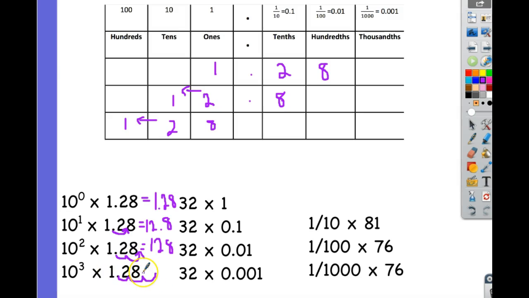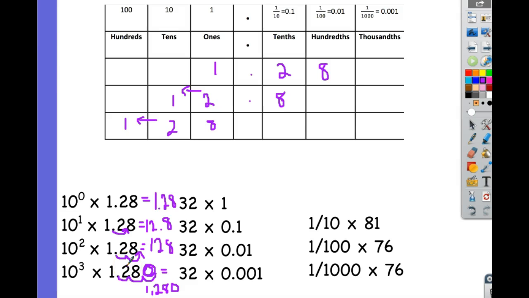Okay, so is it just 128? Well, no, because that was the answer to this one, and we can't have the same answer. So what I'm going to do is put my little placeholder 0 there. And my answer is going to end up being 1,280 because I multiplied it times 1,000.